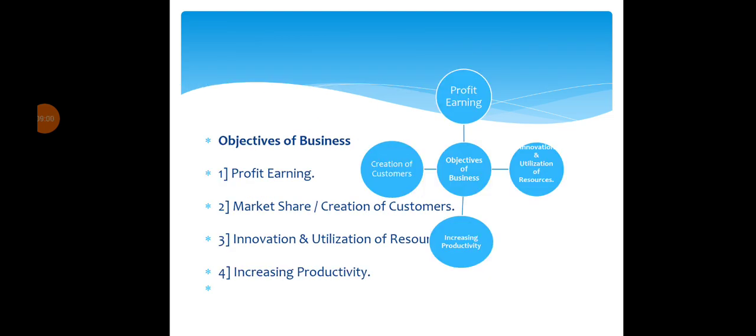So, what are the main objectives of business? First of all, as we know, whenever we run a business, profit is utmost important. So, earning profit is the main objective in any business.